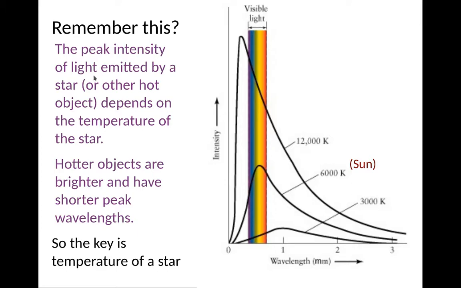The peak intensity of light emitted by a star depends on the temperature of the star. So the hotter it is, the more intrinsically bright it is. Hotter objects have more light per unit area and emit at shorter wavelengths. So the key is to understand what the temperature of a star is.